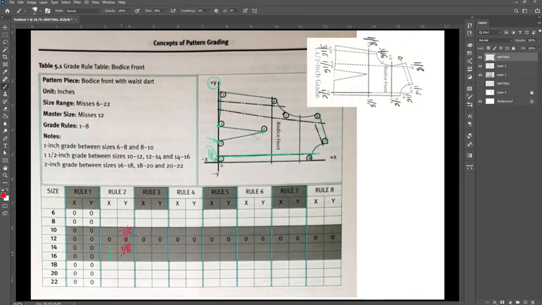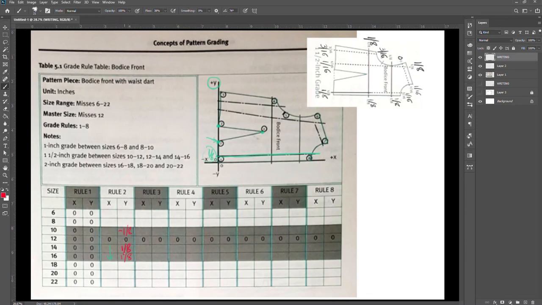And then we actually type in the same number for the size above size 14. We're doing this in a cumulative fashion, so you don't actually need to add those numbers together. It's just saying that between 12 and 14, it's going to move 1/8 of an inch, and between 14 and 16, it's also going to move 1/8 of an inch.